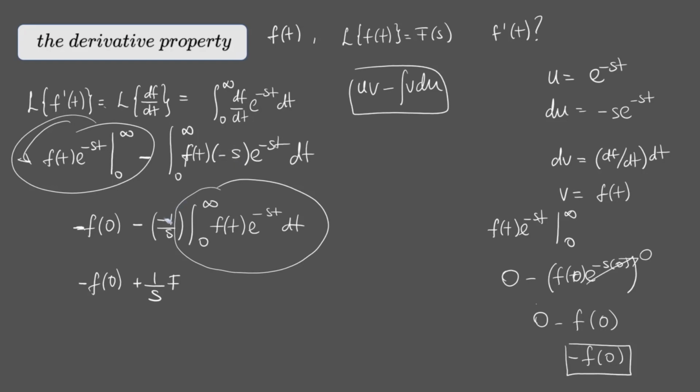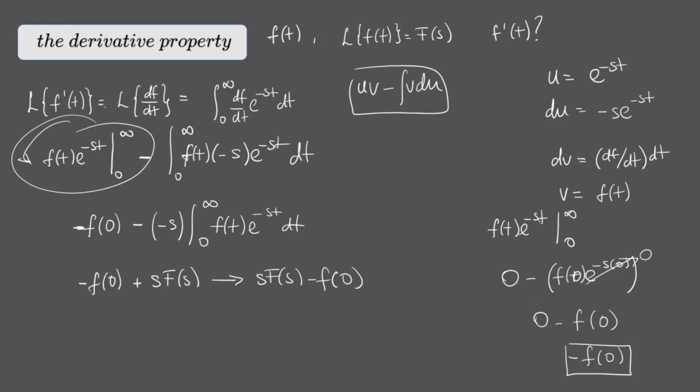So no need for the fraction. So that's minus s e to the minus st. So that's plus s capital F of s, which is the same as s F of s minus f naught, which is the Laplace transform of a derivative.